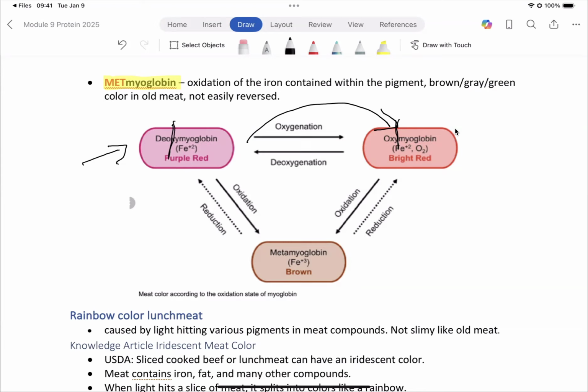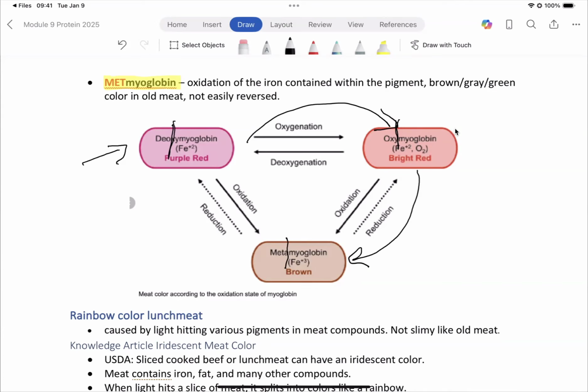After a while, after it's been exposed to too much oxygen, and as it gets older, old meat turns what color? Brown. Right. And that's called metmyoglobin. It's an oxidation reduction reaction.